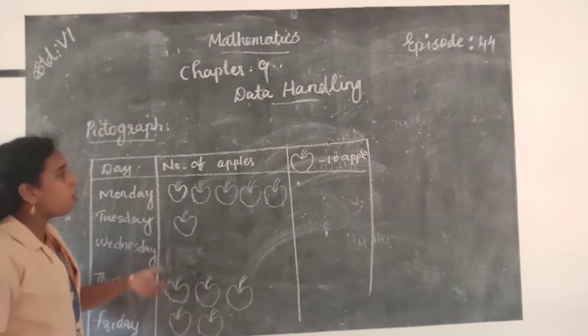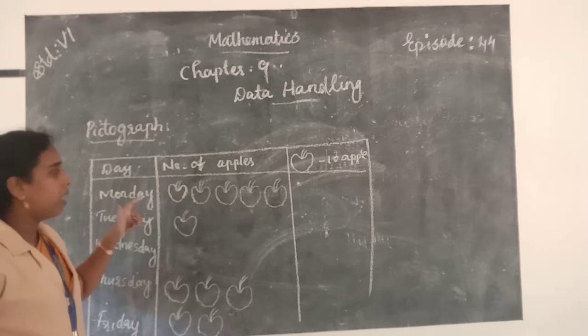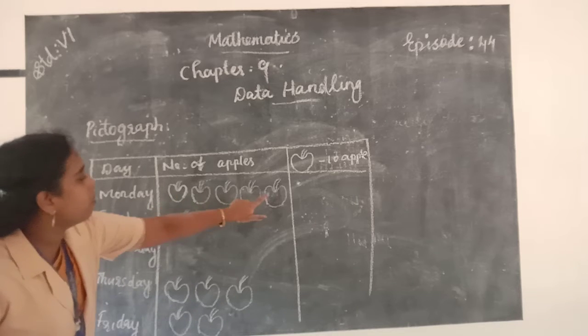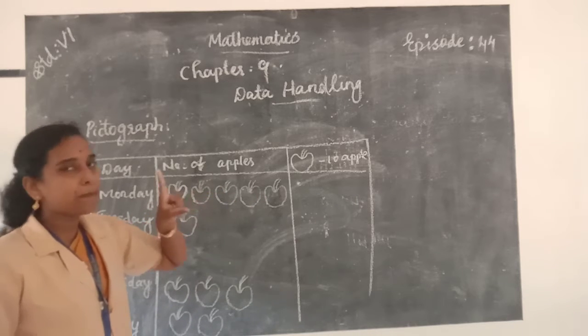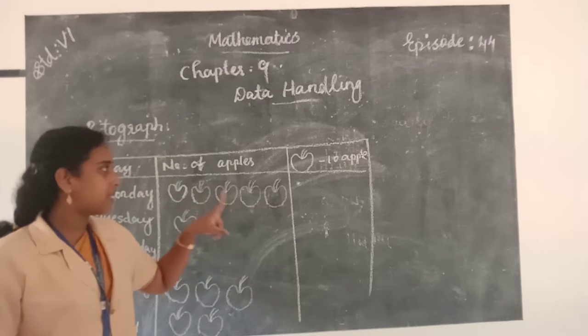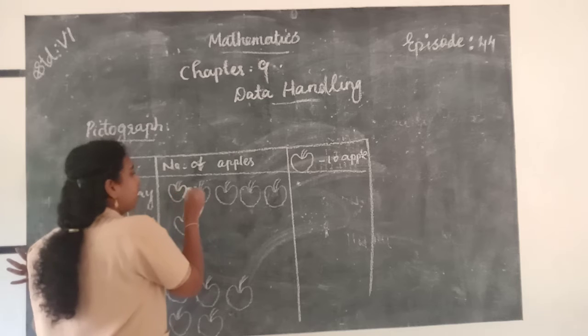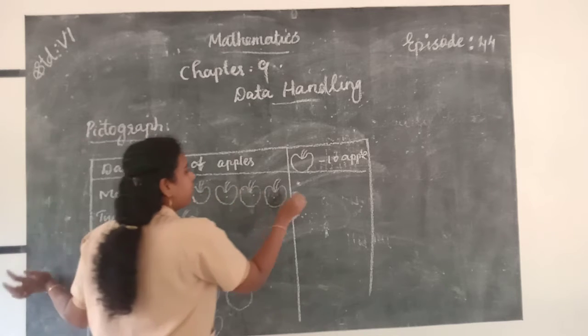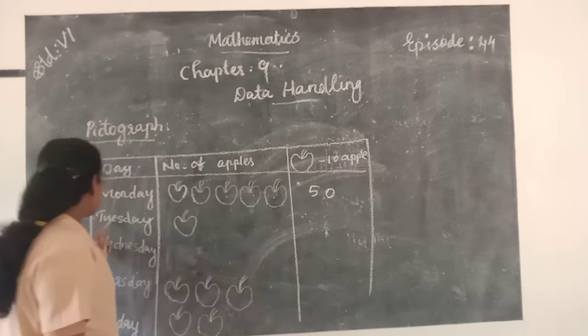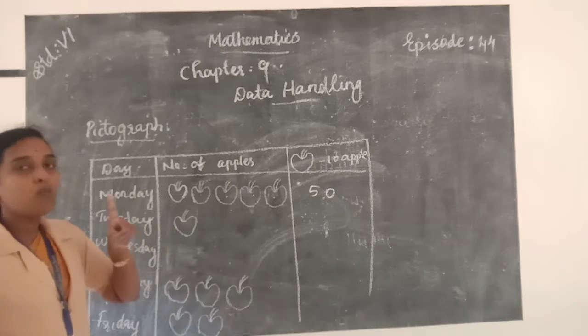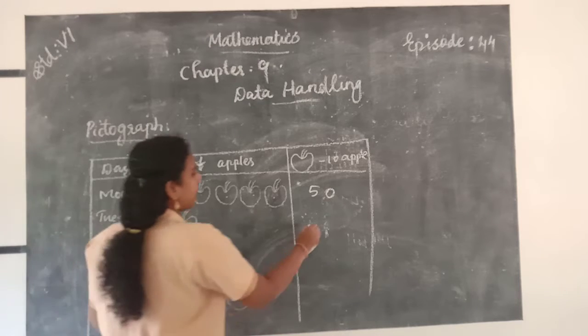How many apples were sold on Monday? Here 5 pictures were given and one figure stands for 10 apples. So 5 times 10 is 50: 10, 20, 30, 40, 50. On Tuesday only one figure is given, so only 10 apples were sold.